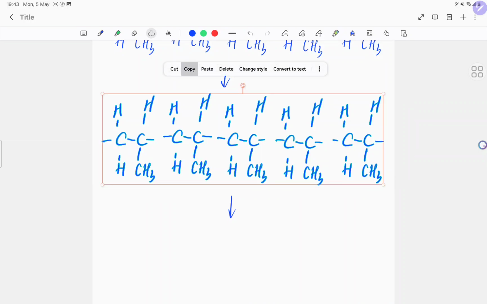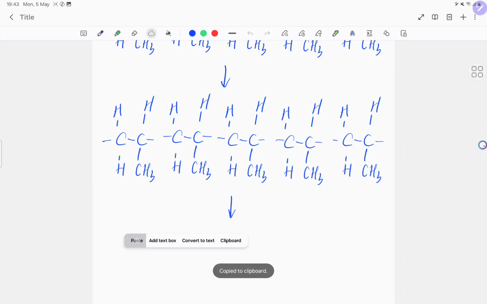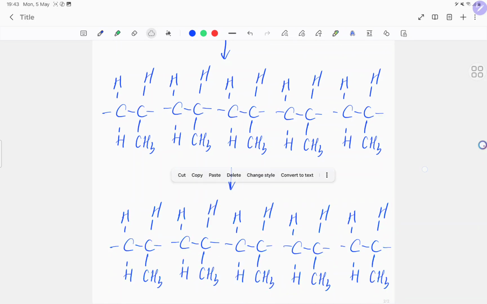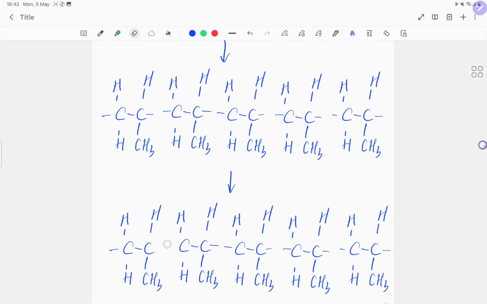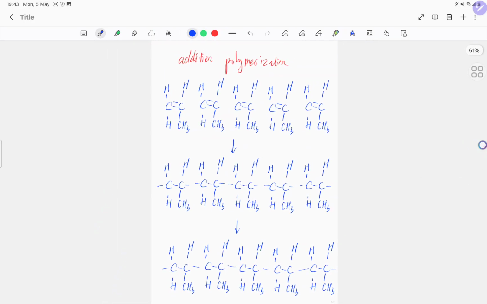It keeps becoming longer, non-stop. Yeah, they connect. See? That's how it works.